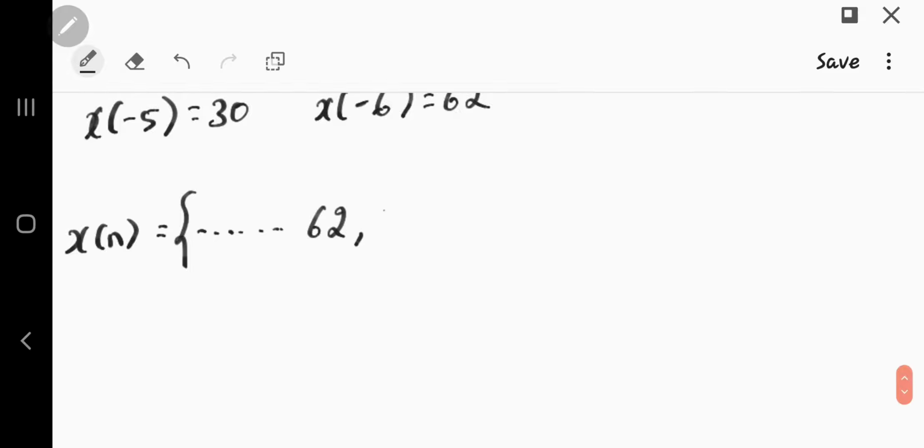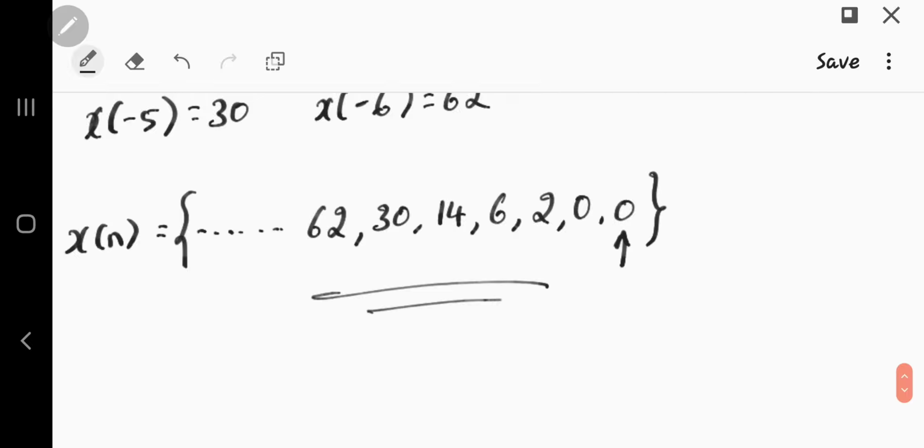Then comes x of minus 5, that is 30. After that x of minus 4, 14. And after that x of minus 3, that is 6. X of minus 2 is 2. X of minus 1 is not there, 0. And x of 0 is also not there, that is also 0. Then just show where the origin is. So this is the solution for that.